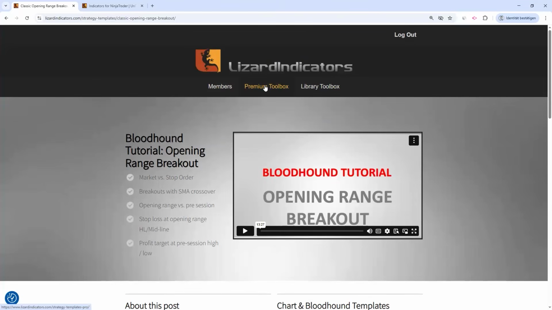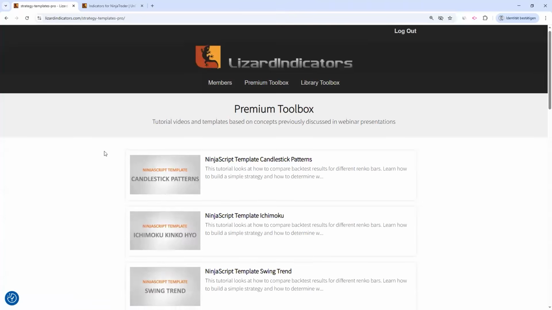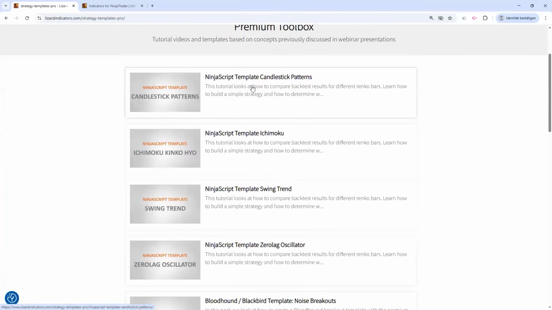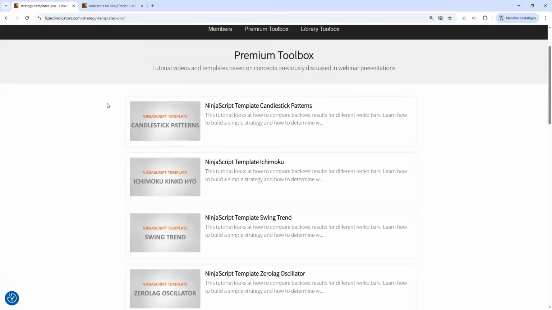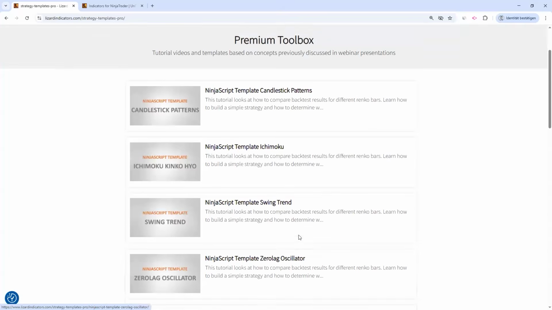And then in the premium toolbox, we have these NinjaScript templates for our premium suite tools, including the candlestick patterns, the Ichimoku that we talked about today, the swing trend, and the zero lag oscillator.